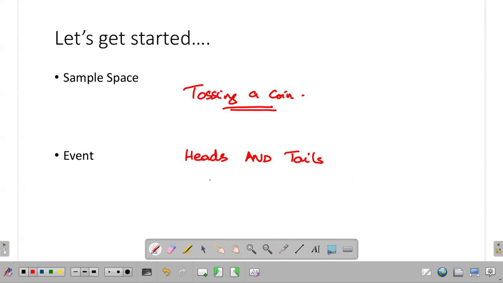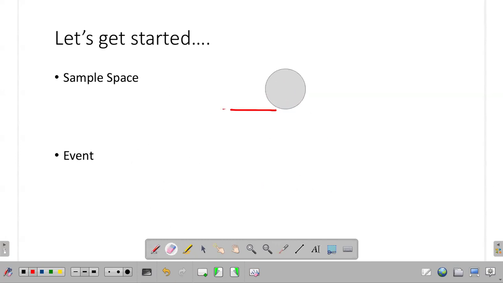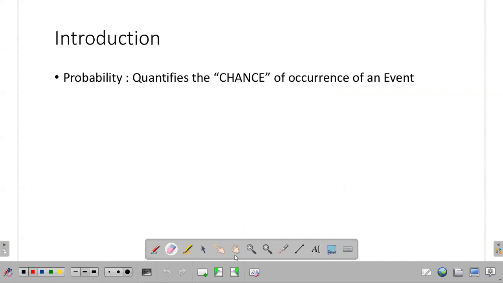No, right? So seeing heads and tails, again, is an impossible event. So you should know what an event is, and also what an impossible event is. Okay, so with the help of these concepts, let me now define the concept of probability.